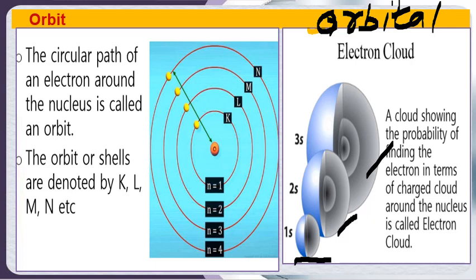The shape of the s orbital is spherical, and as the s orbital is part of each orbit, the names can be 1s, 2s, 3s, 4s, 5s, and so on. The numbers 1, 2, 3 indicate to which shell or orbit it belongs, right? As you can see, the electronic cloud is expanding as the number of the shell is increasing, as the shell is getting larger, right?